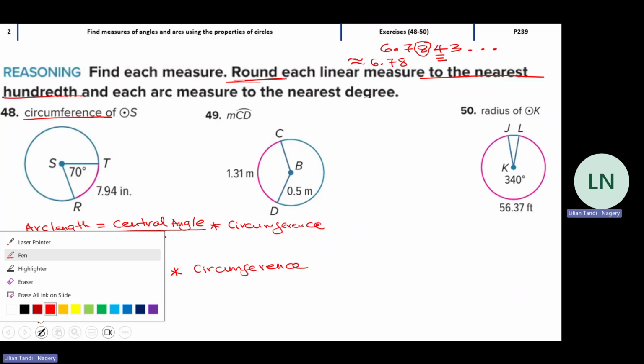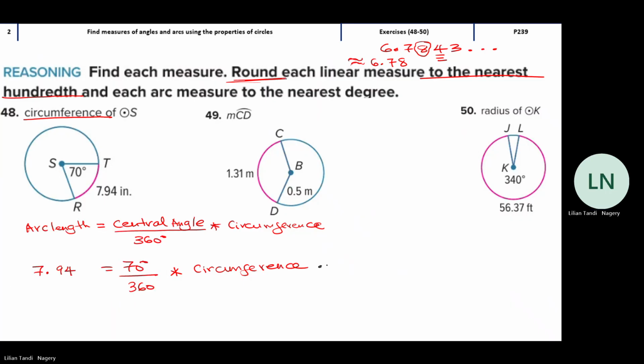So I will multiply both sides by 360 over 70. So here I will do 360 divided by 70 and put this because it has a decimal. Now this 70 and this 70 will go away. This 360 and this 360 will go away. Now I am left with circumference.